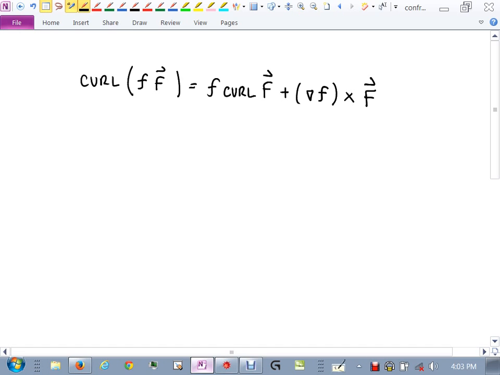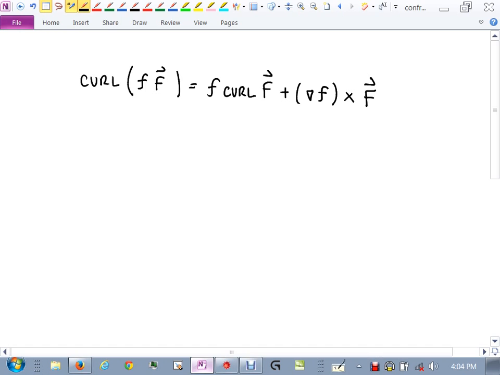I wanted to just point out here, f is what? A scalar function. Capital F here is a vector field. So you're basically saying that if you have the curl of a scalar function times a vector field, what does it almost look like?